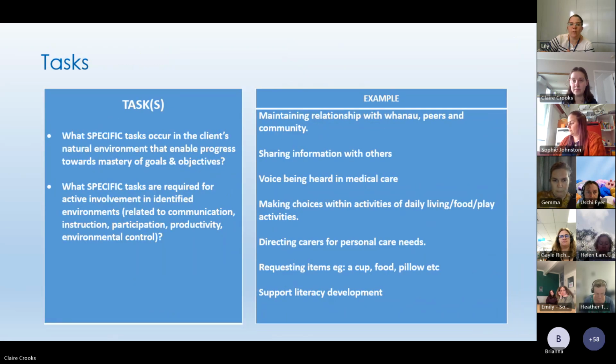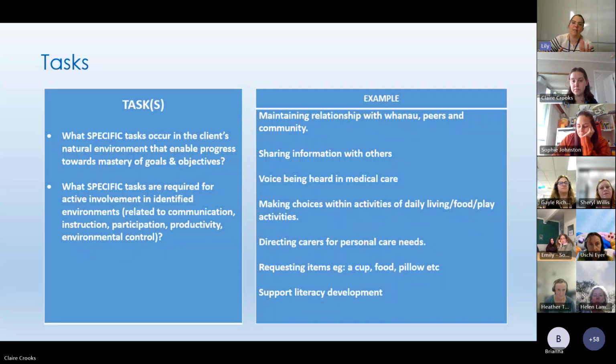So then the first T that we think about in SETT is that idea of tasks. And we're going to spend a little bit of time talking about tasks today, because I've often found that this can be the bit that people find a bit tricky, identifying them or knowing what they might be. Tasks are things that occur in that person's environment, or they're the motivating aspects that support someone to communicate.